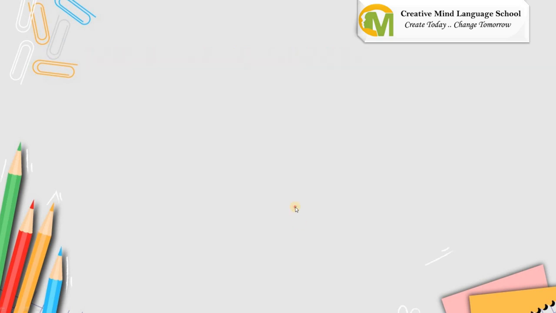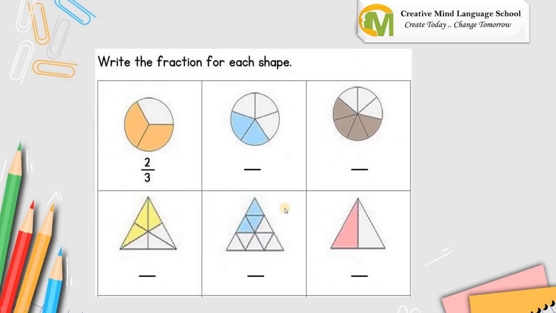Very good. The next example, how can I write the fraction for each shape? The first one shows me how to write the fractions. So, he writes 2 over 3 because the numerator represents the colored part. I count the colored parts and write it up. Then count all parts and write it down.